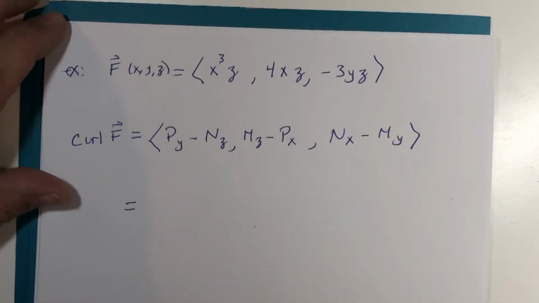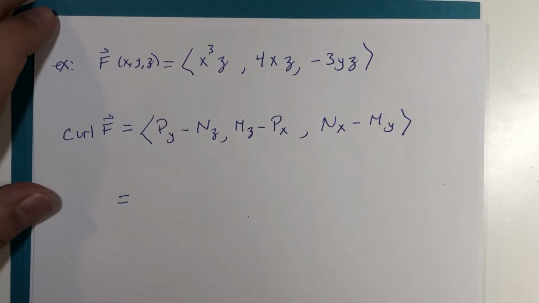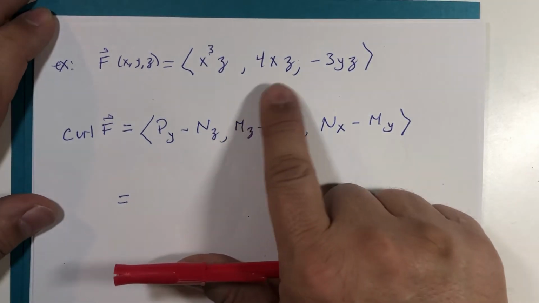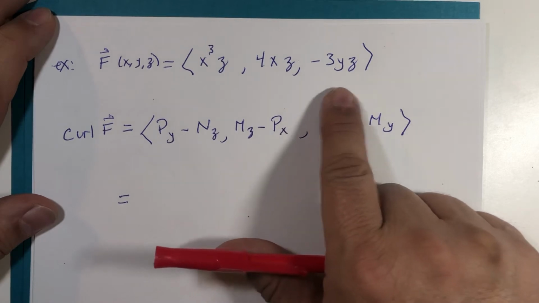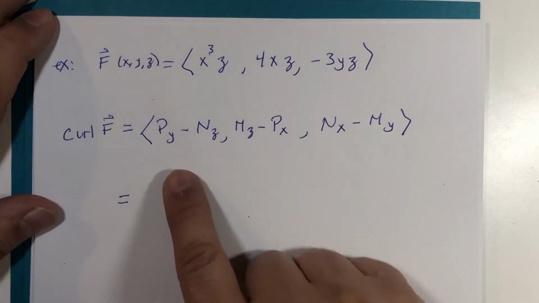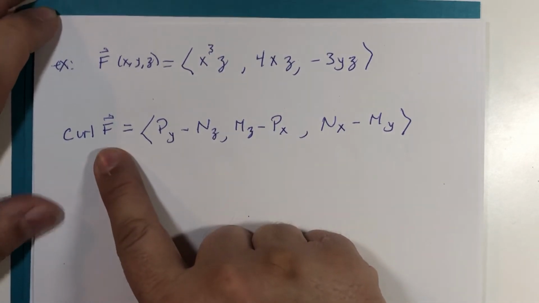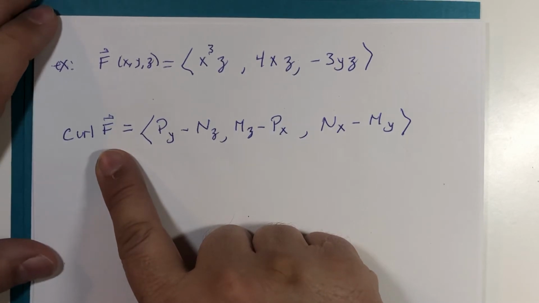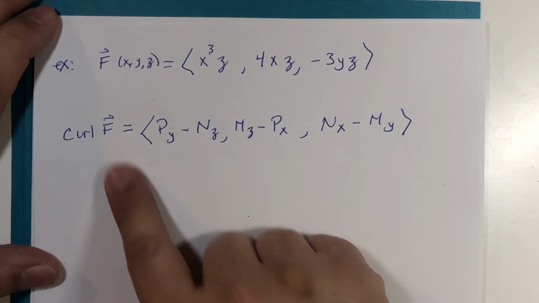There we go. Now it's on the screen. So we've got a vector field, x cubed z, comma 4xz, comma negative 3yz. And we're going to compute this vector called the curl of the vector field.